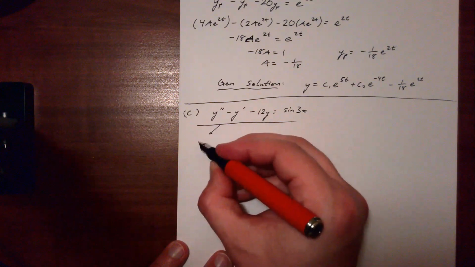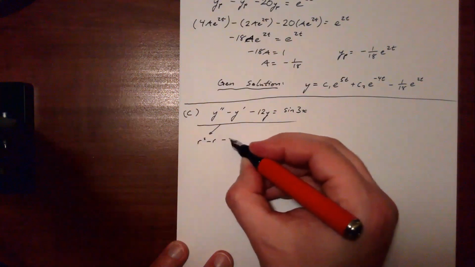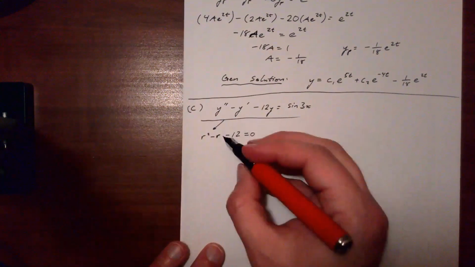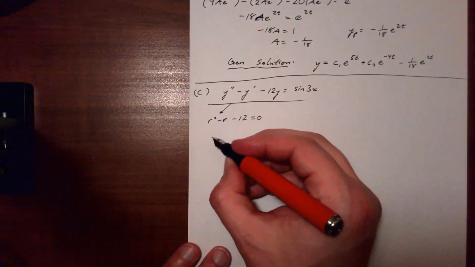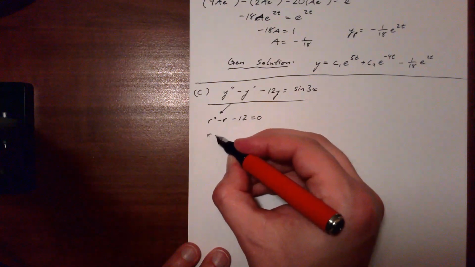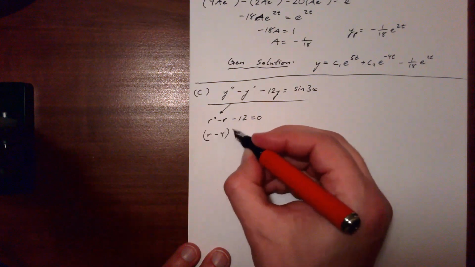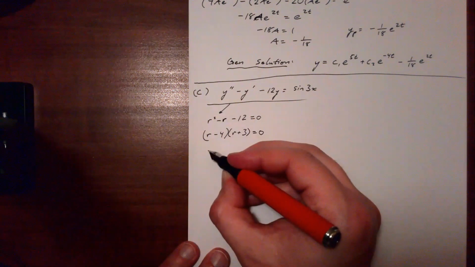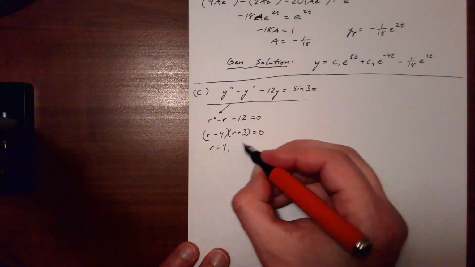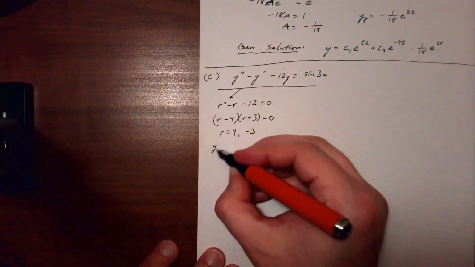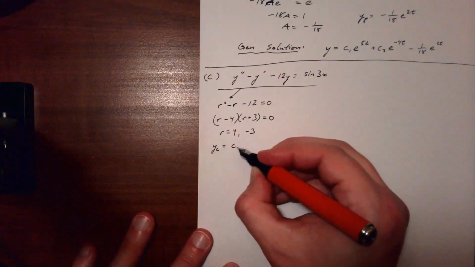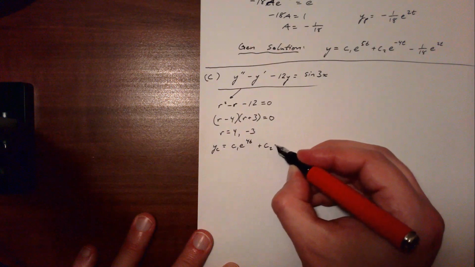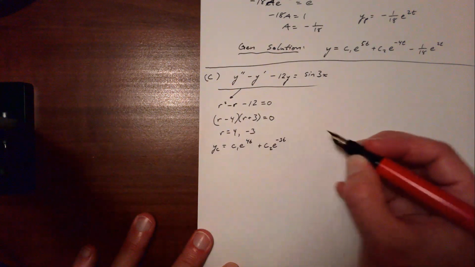Alright, so r squared minus r minus 12 equals 0 is what the left side will imply, which means (r minus 4)(r plus 3) equals 0, which means that r equals 4 or negative 3, which means that our complementary solution is equal to c1 e to the 4t plus c2 e to the negative 3t.